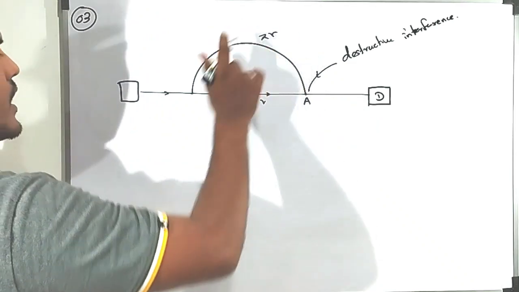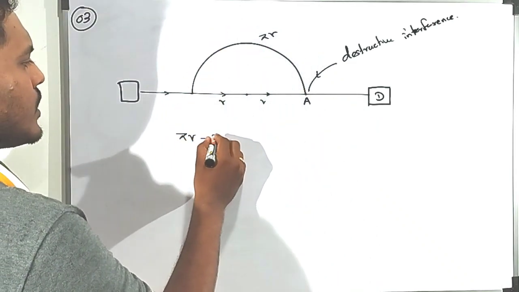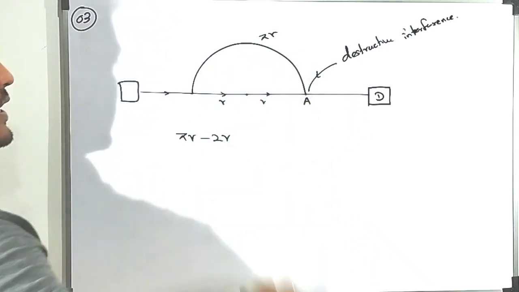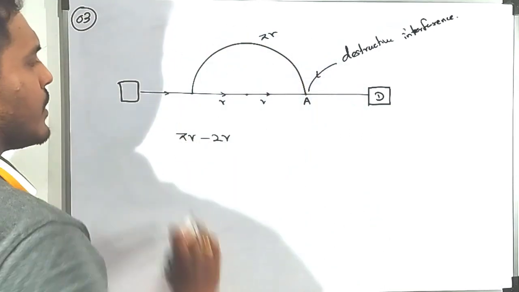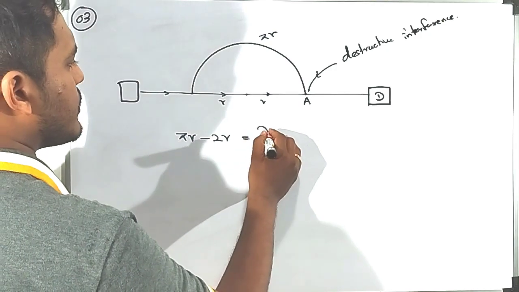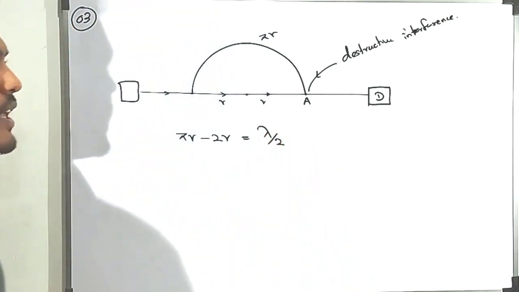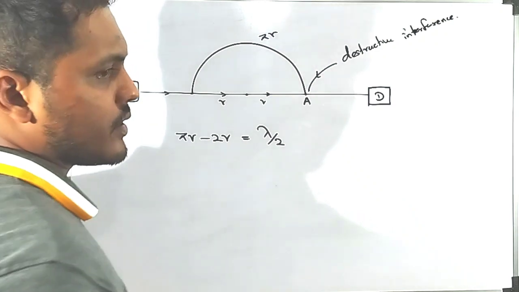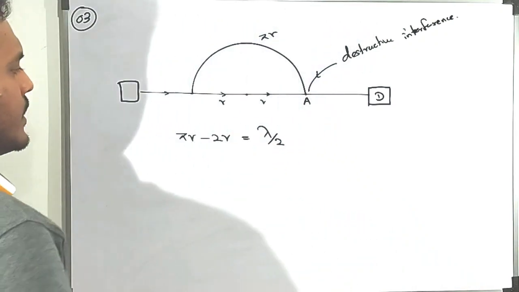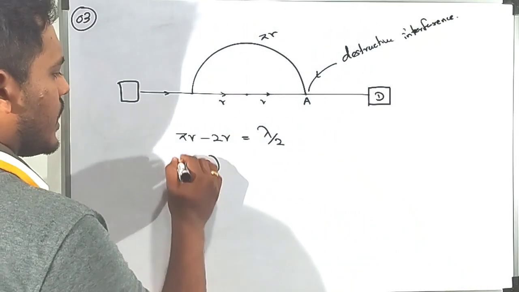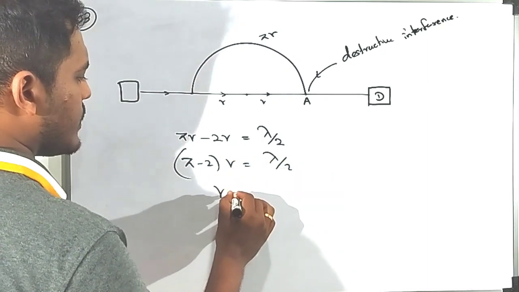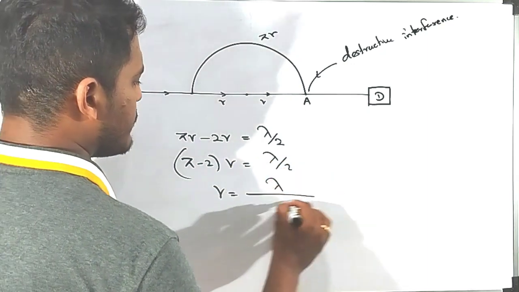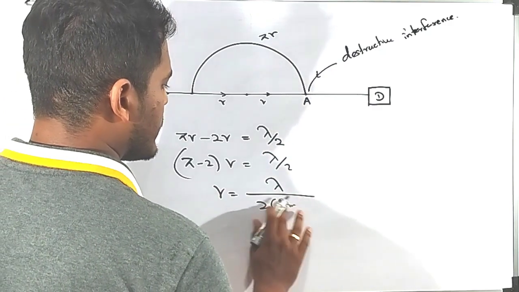Then pi r minus 2r is the difference between the lengths of the 2 paths, and it will be equal to lambda over 2 for destructive interference. Then (pi minus 2) r equals lambda over 2, so r equals lambda divided by 2 times (pi minus 2).